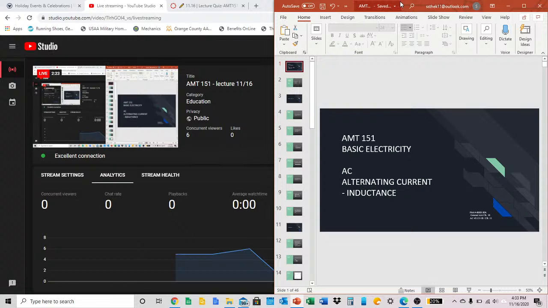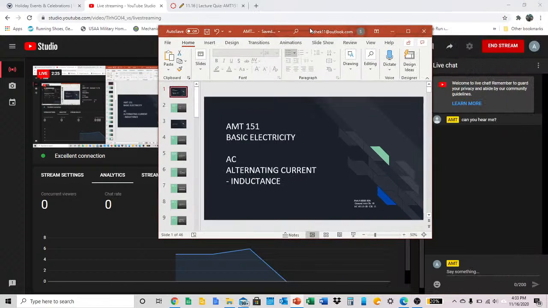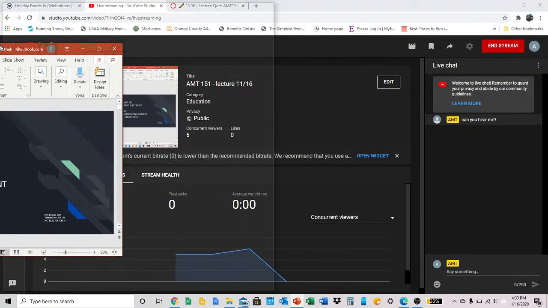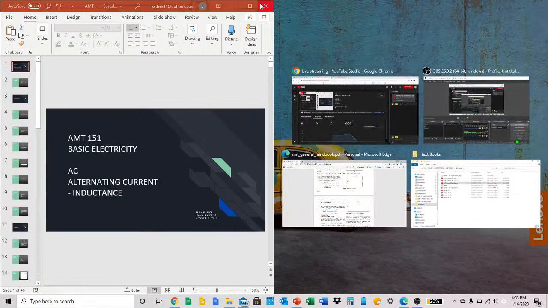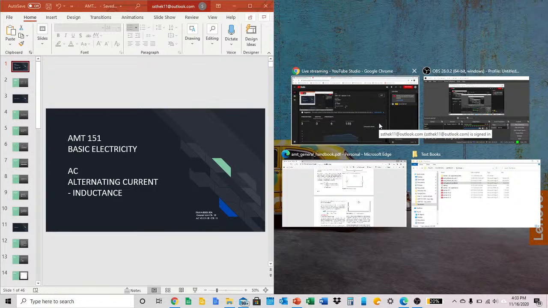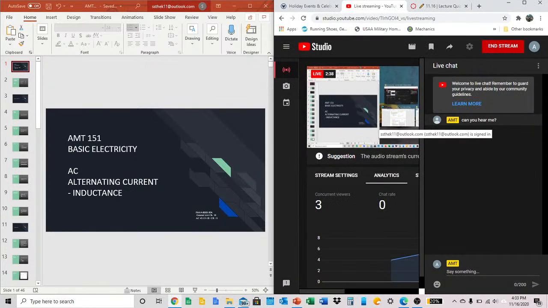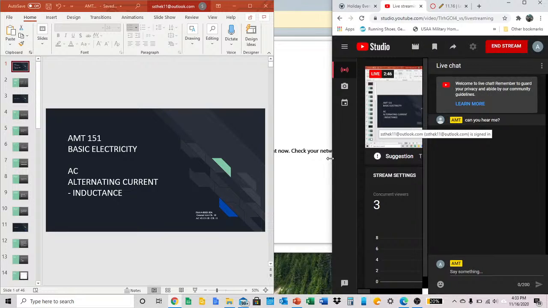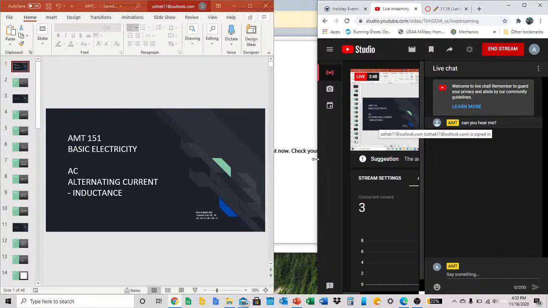And today we'll go over some slides, just some more definitions and laws, and we will finish up our discussion on inductance and inductive reactance.